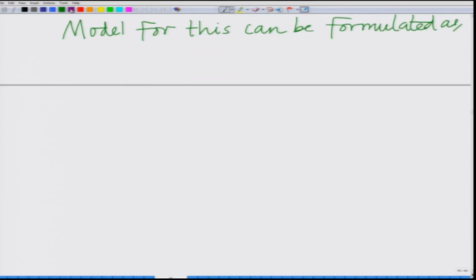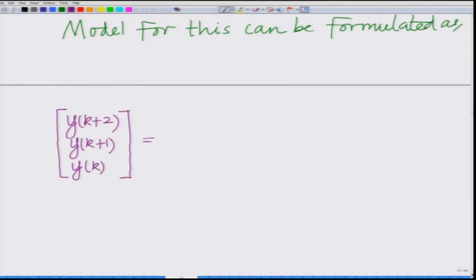Let us formulate the model. Yk plus 2, Yk plus 1, Yk are the three symbols at time instances k, k plus 1, k plus 2. Let us call this y bar k, a vector.